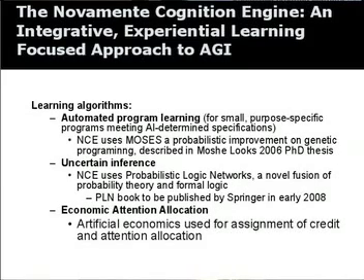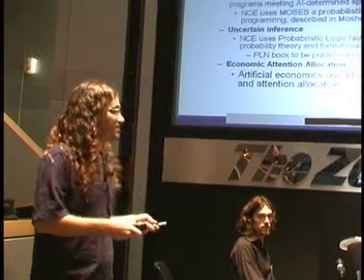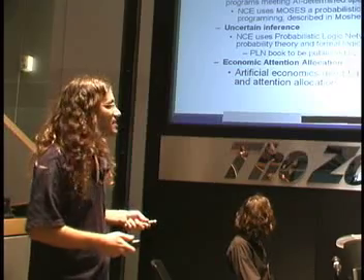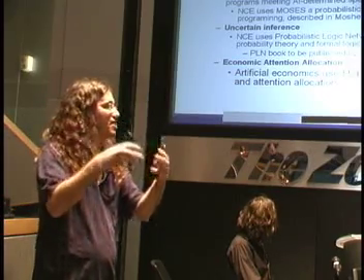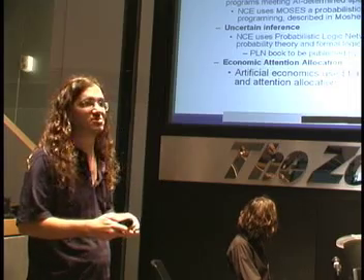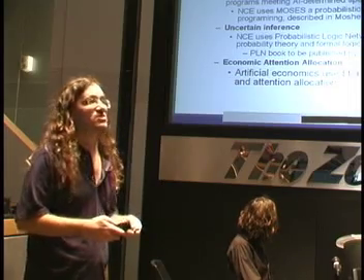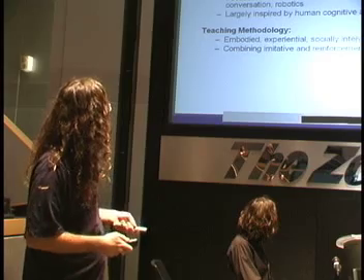And a mechanism using artificial economics to allocate attention among different nodes and links and different mind agents in the system. The idea is that all these things are supposed to work together, alleviating each other's combinatorial explosions, allowing the system to carry out complex goals in complex environments in a scalable way.